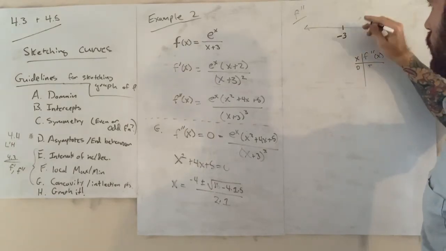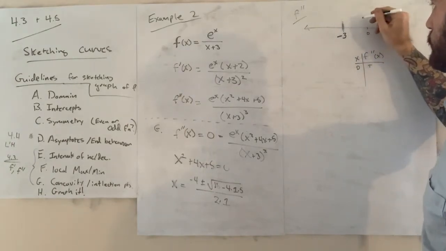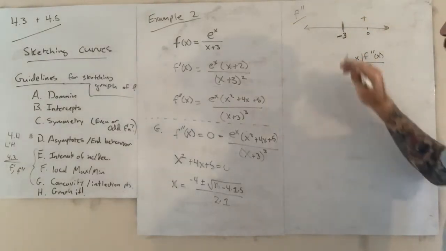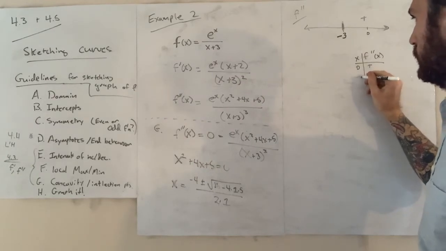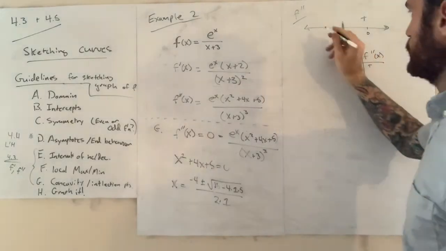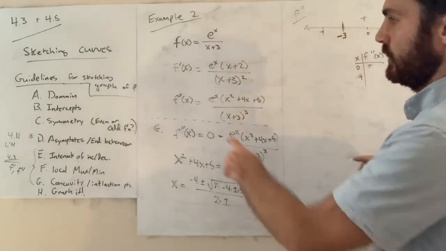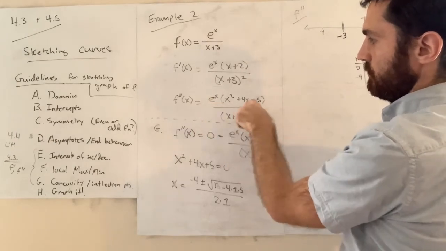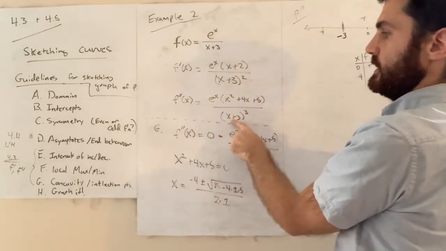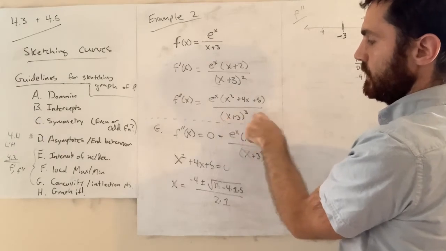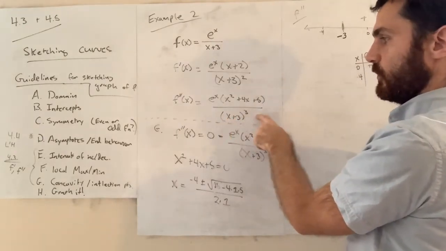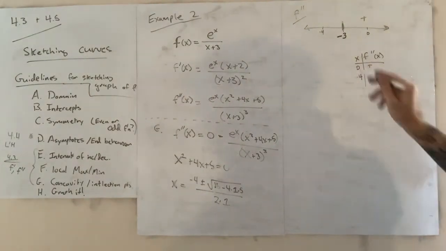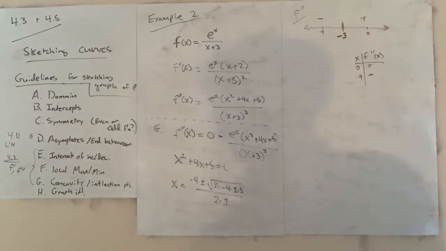So we know on this side of negative 3, your second derivative is positive. All right, what about another number? Negative 4. Okay, so I'm choosing negative 4 somewhere over here. Plug it into your second derivative, this is always positive. What is this? This is going to be negative raised to the third. You're going to get negative 1 raised to the third. That's going to give you a negative number there. So we know the concavity is negative here.